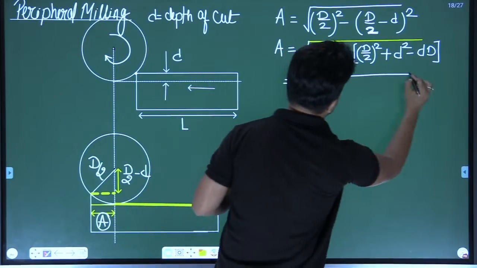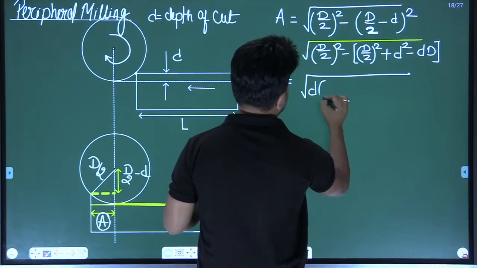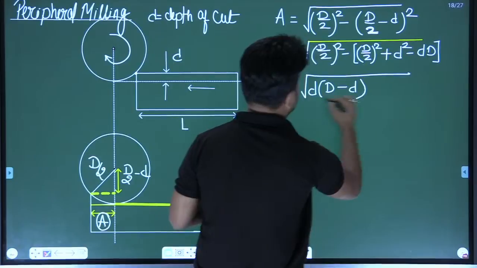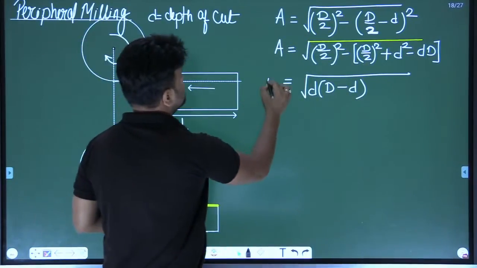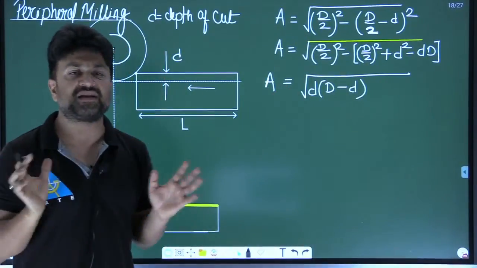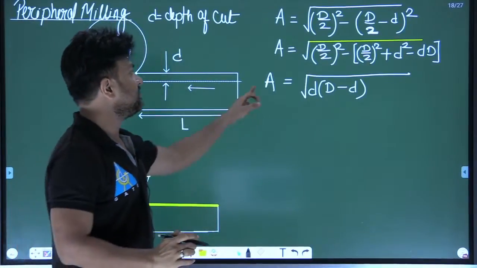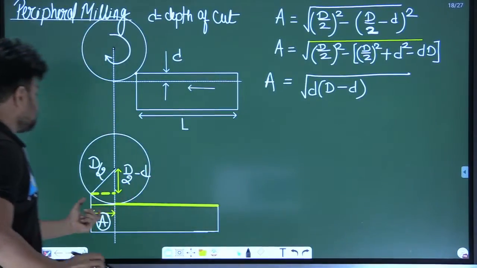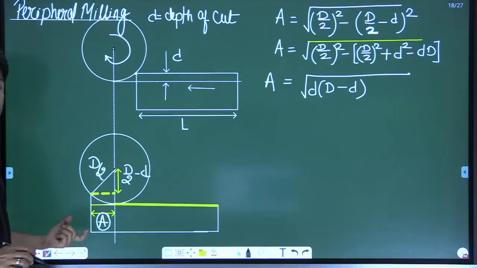So it becomes root of small d times (capital D minus small d). This is the approach distance, the A that the work table has to move. Am I clear?